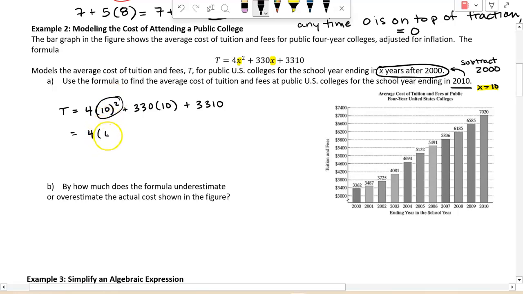So I've got 4 times 100 plus 3,300 plus 3,310. And then just putting it all together, you're going to end up with average tuition in 2010 is $7,010. That is the estimated average tuition.